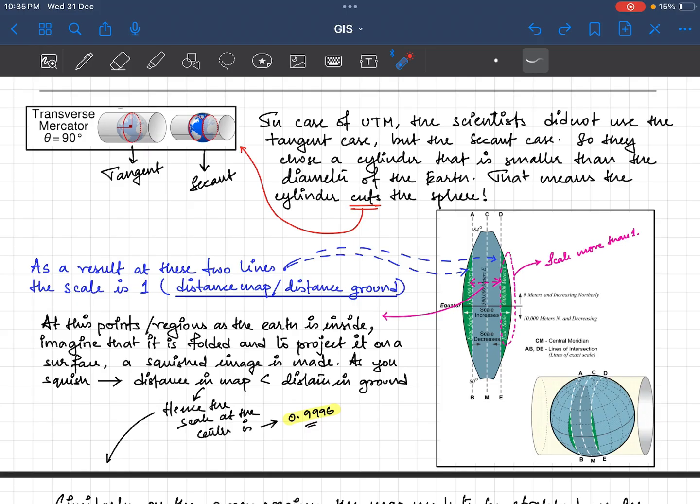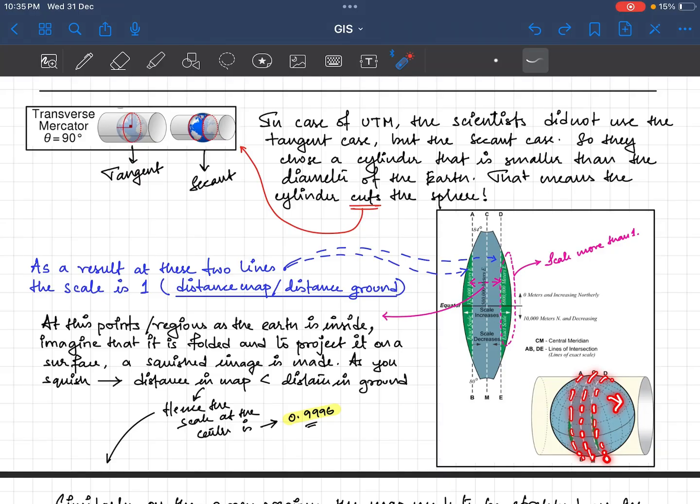If you try to understand carefully, this A line, A to B and D to E, are the exact points on the surface of the earth that touch the cylinder. The C line is a line that comes out of the cylinder, and every other line is actually inside the cylinder.